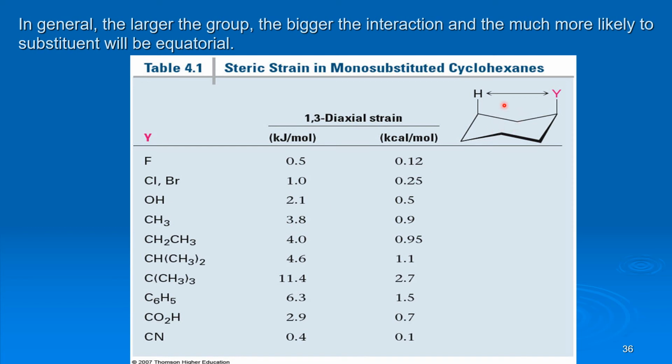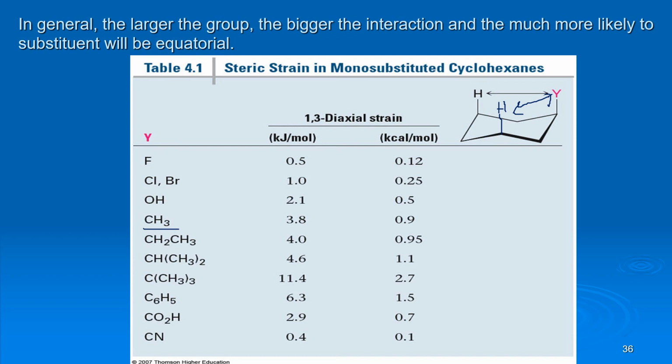Remember that there's 2 hydrogens. There's another one here. Let's draw that in. There's another H right here. So we double whatever it is. So if Y happens to be a methyl group, then it's 3.8 times 2. That's where the 7.6 comes from.